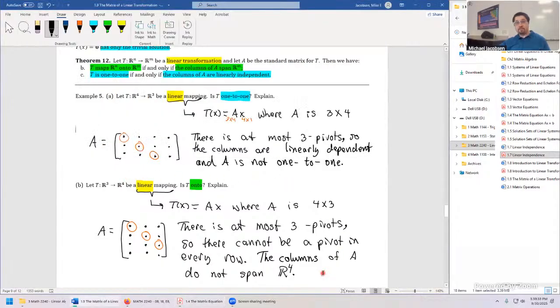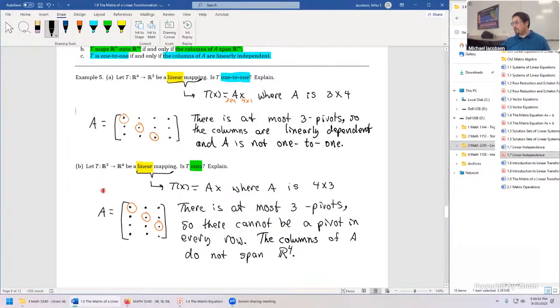But if the columns of A don't span R4, that means the mapping T is not an onto mapping. There will be vectors inside R4 for which T of x equals b is inconsistent. We cannot actually hit every single vector if the dimension of the codomain is 1 higher or any amount higher than the domain space.